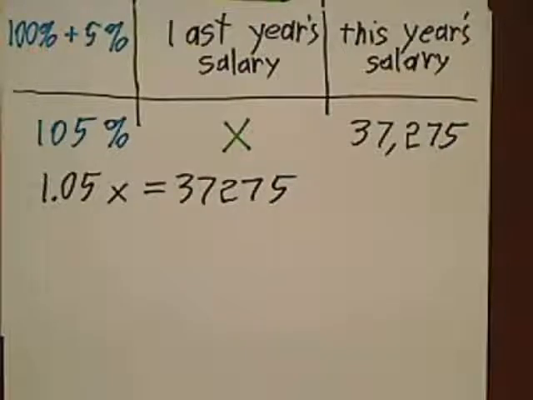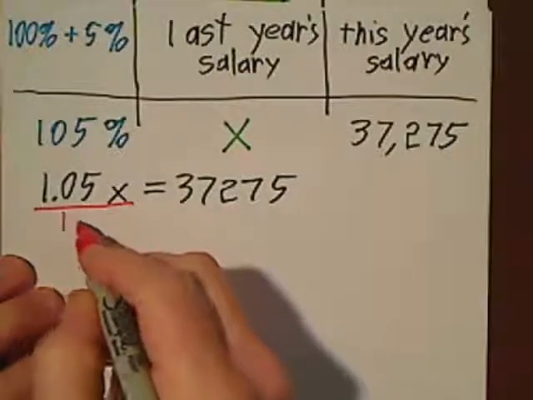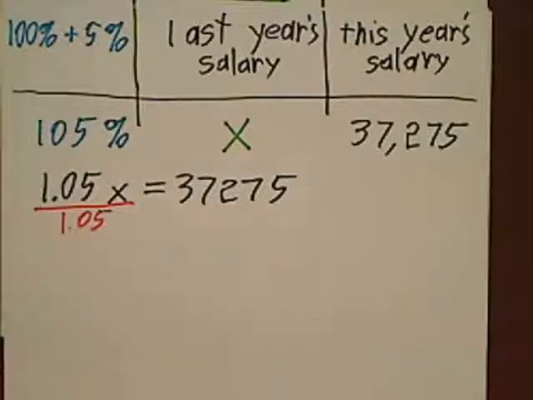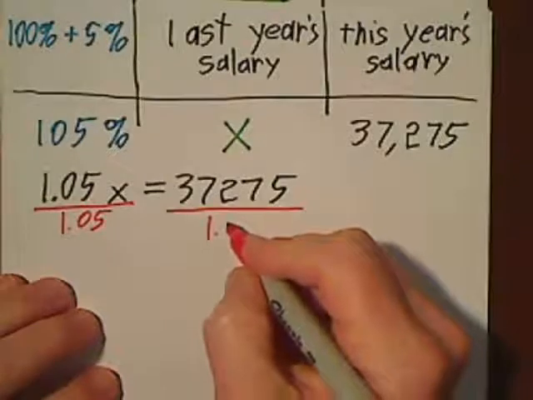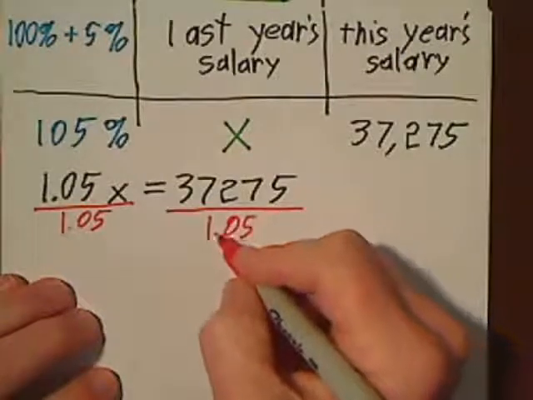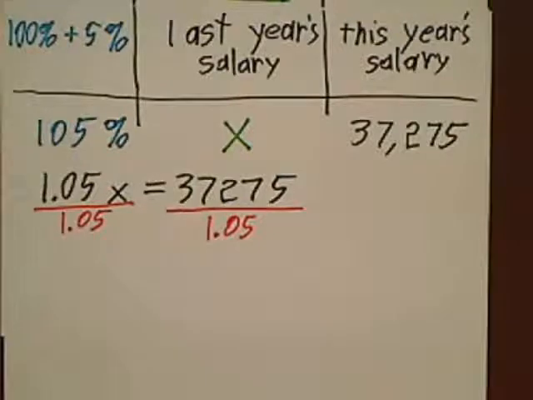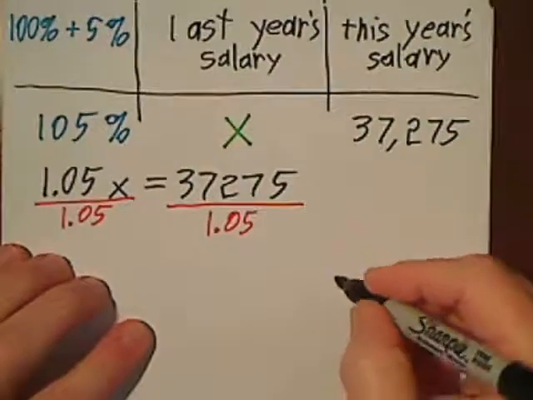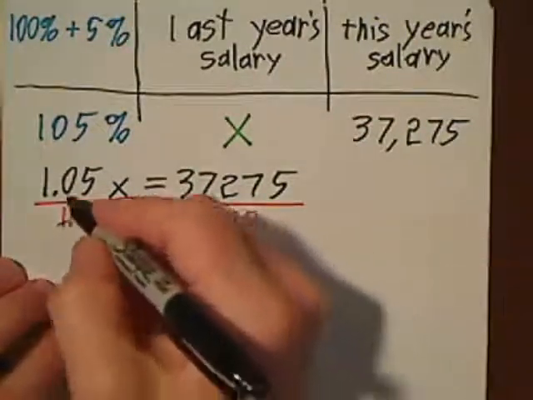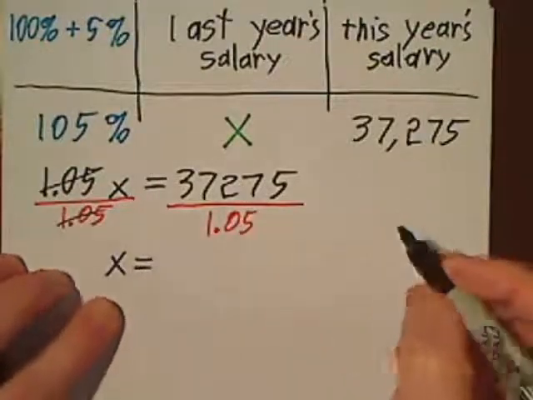So to get x by itself, divide by 1.05, and you also have to come over here. Always same thing on each side. And just looks like it's a lot of work, but it actually might clean up pretty nicely. Sometimes they've put some thought into these problems. This, of course, does clean up quickly. X equals, but we've got some long division here.